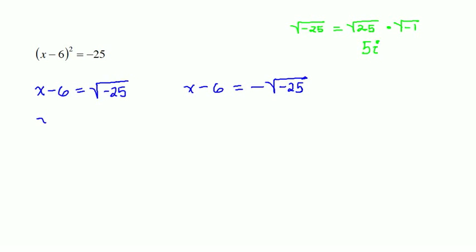So this first equation becomes x minus 6 equals 5i, and the second equation becomes x minus 6 equals negative 5i. Now adding 6 to both sides. These are again not like terms. We can't combine them, but we can write them as complex numbers.